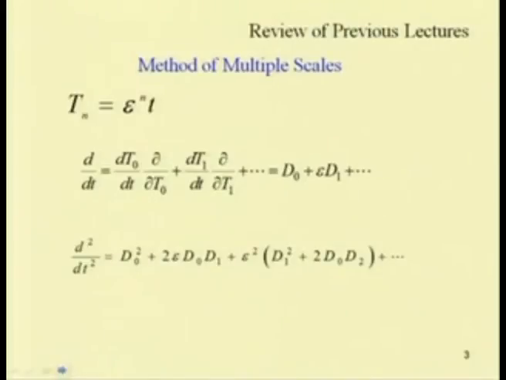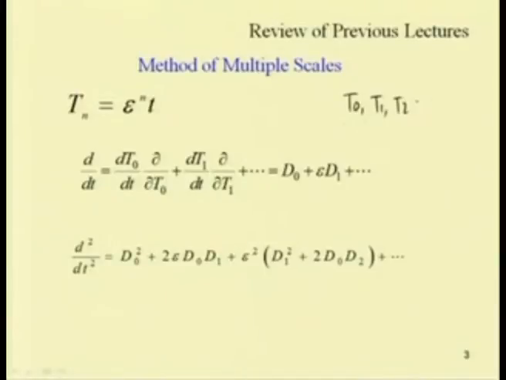In the method of multiple scales, we take different time scales which can be represented as T n equal to epsilon to the power n times t, where t is the time and epsilon is the bookkeeping parameter. These time scales are T 0, T 1, T 2 and so on, where T 0 equal to t, T 1 equal to epsilon t, and T 2 equal to epsilon square t.